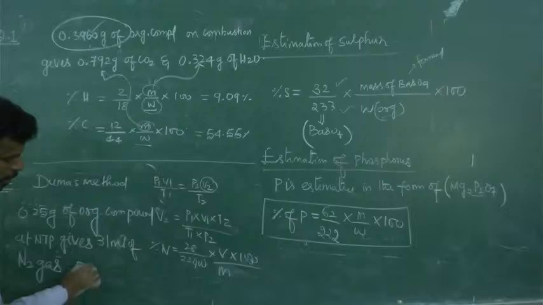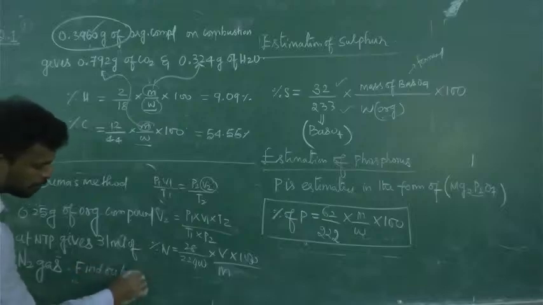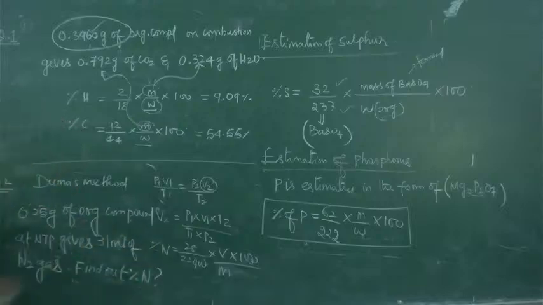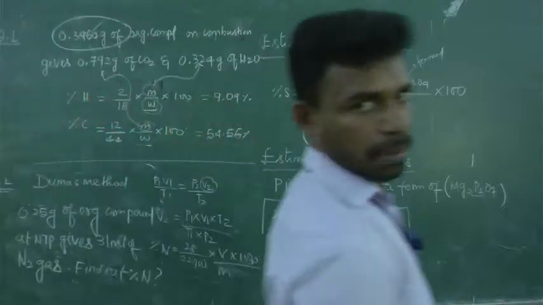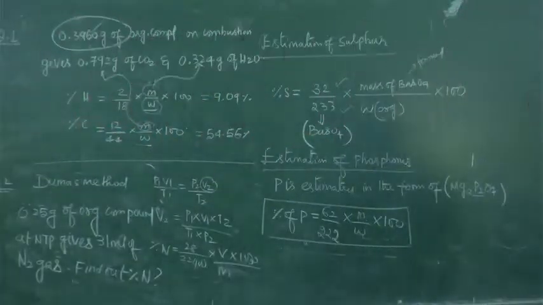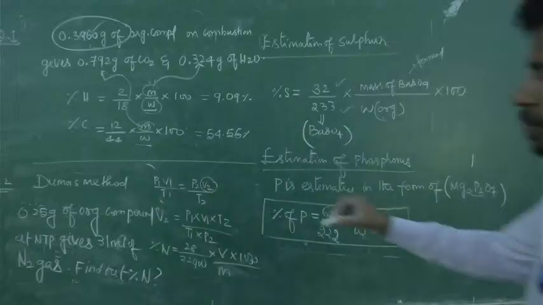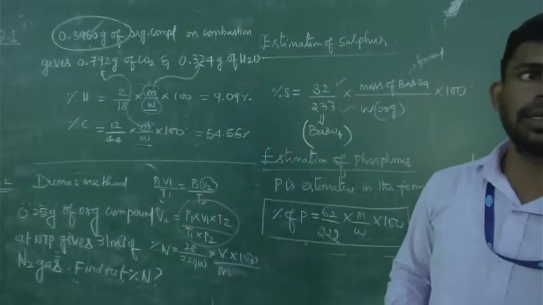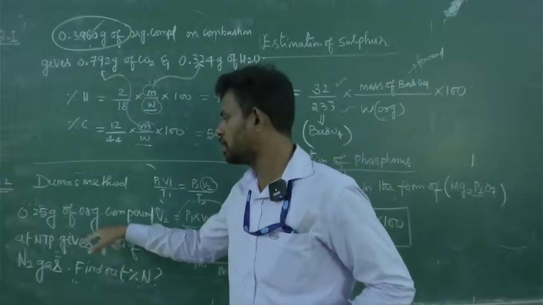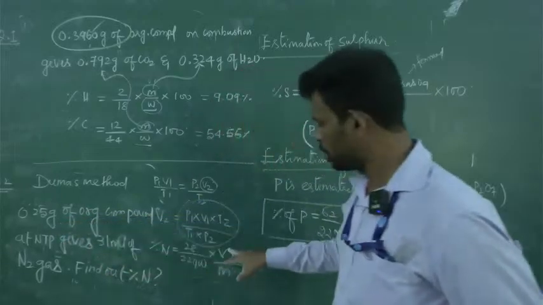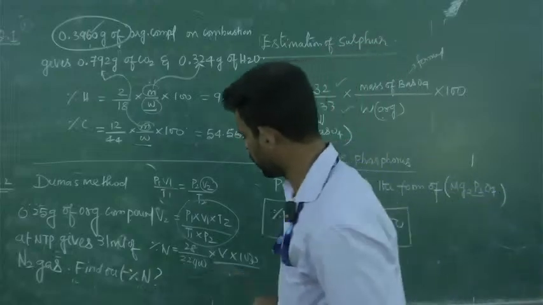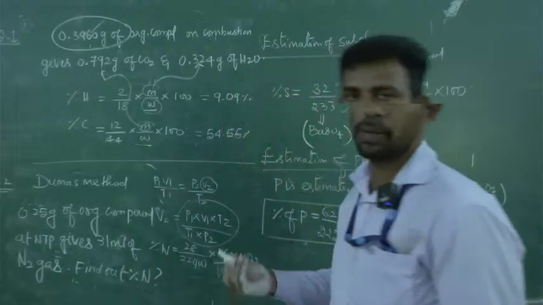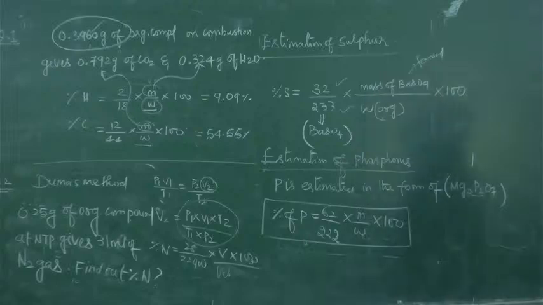Find out the percentage of nitrogen. Okay, so the volume data and the mass of the organic compound are given. You do not need to use this formula, because there is no data for it. There is no aqueous tension given, just the volume and the organic compound. For the mass you can write M or W, both are the same. Is it clear? Now substitute the data and answer.